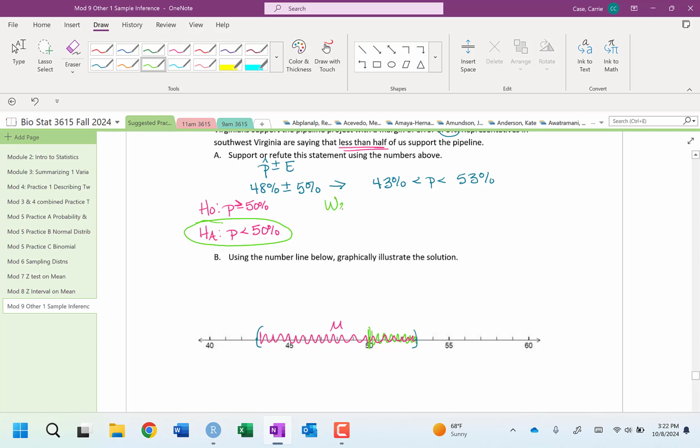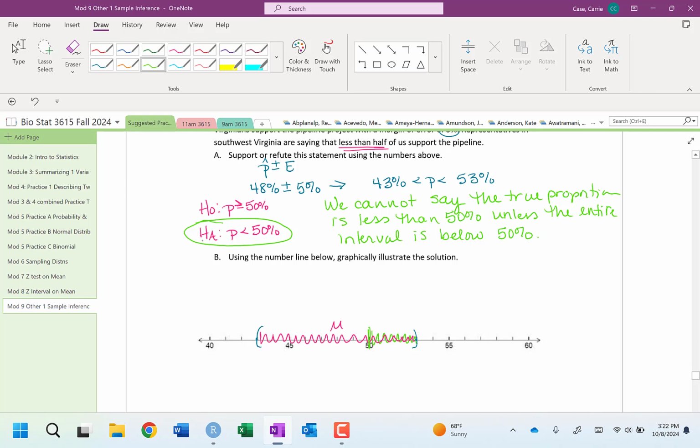So we cannot say the true proportion is less than 50% unless the entire interval is below 50%.